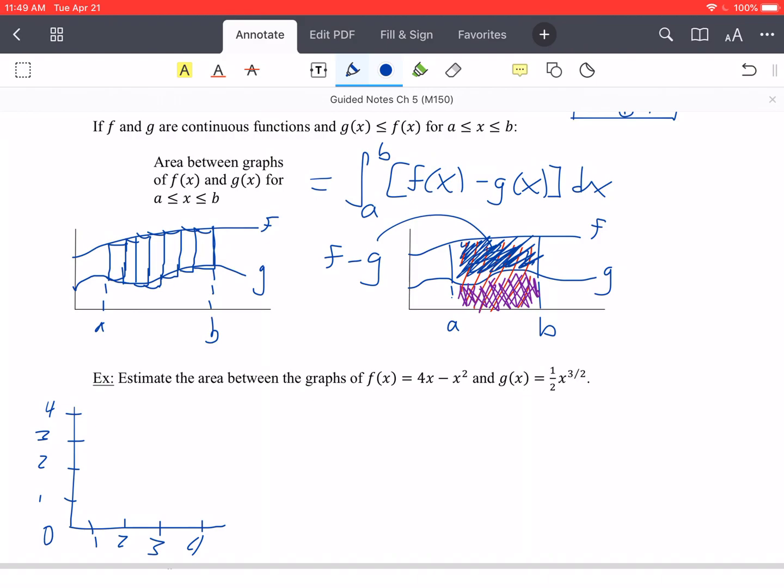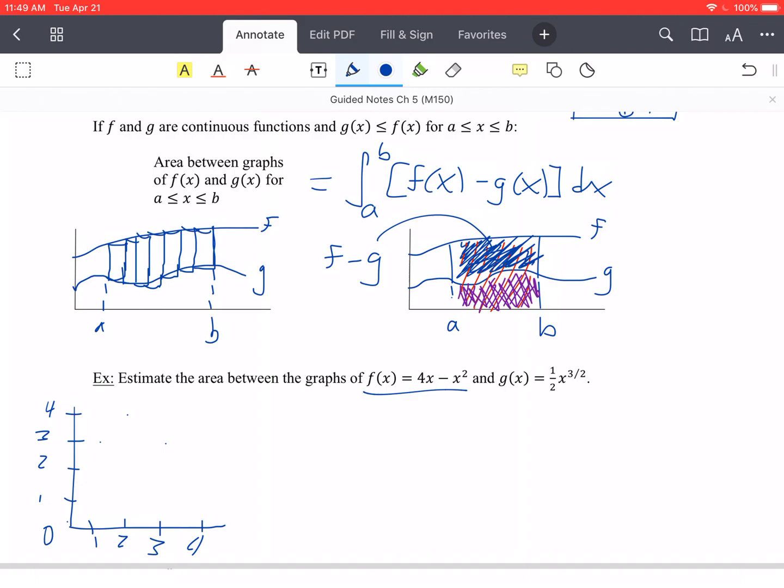So the first function, f of x, that's parabolic. You can plug in a couple points: 0, 0, the point 1, 3, the point 2, 4, and then the point 3, 3, the point 4, 0.